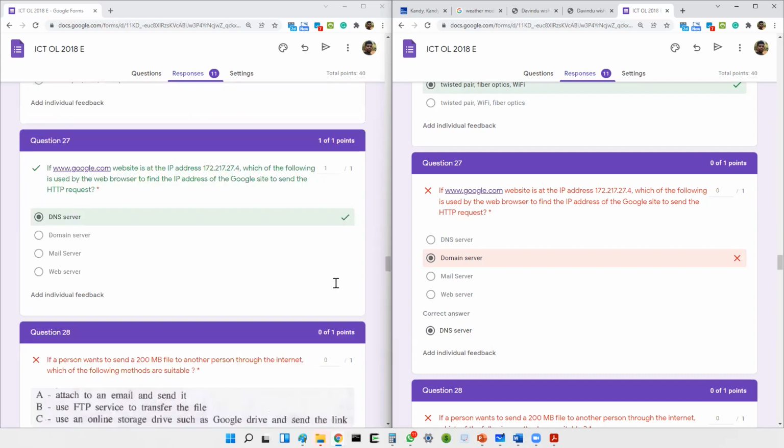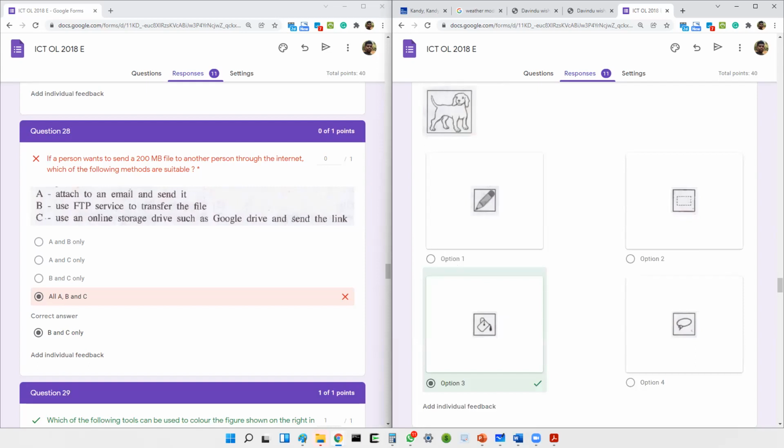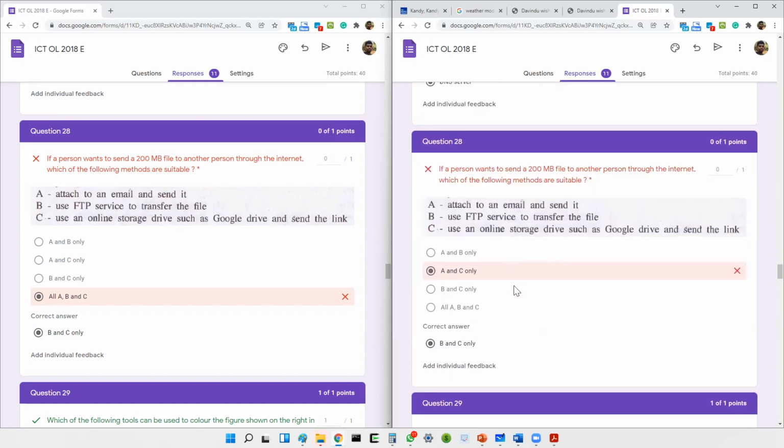Okay. Question number 28. A person wants to send a 200 MB file to another person through the internet. Which of the following methods are suitable? Yes, we can attach it to an email and send it. Use FTP service to transfer the file.